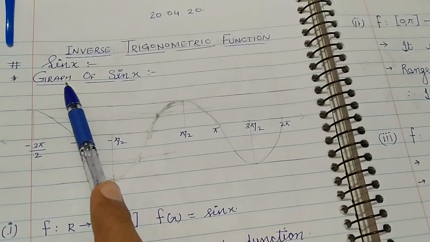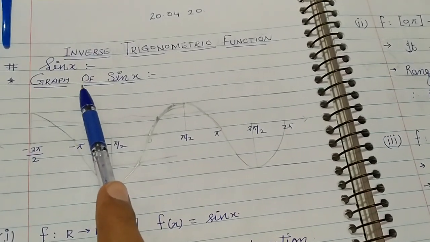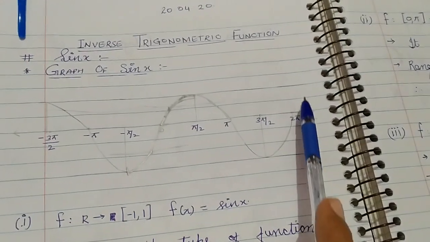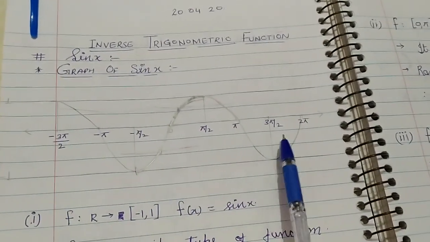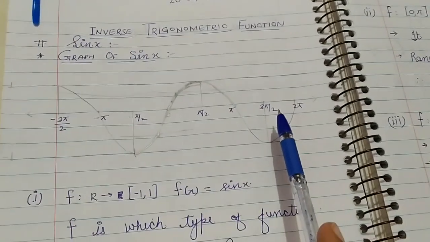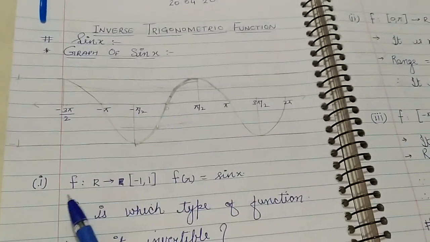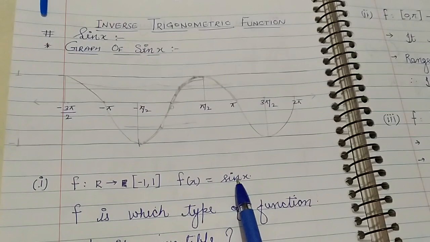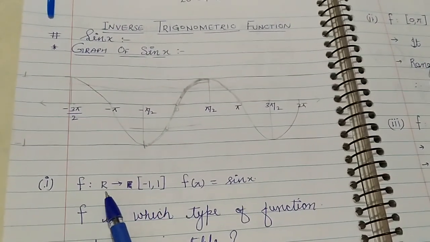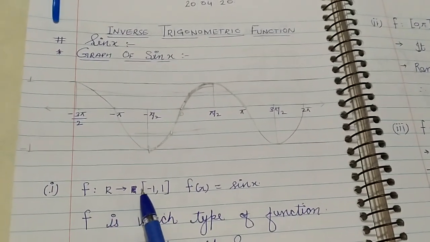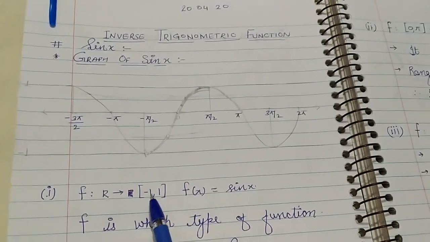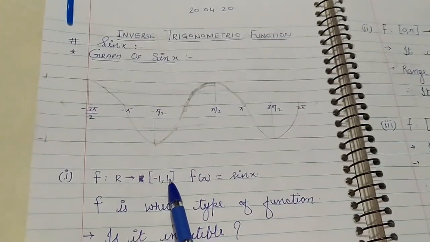So, first we must know the curve of sin x. Here is the curve of sin x. Now, the first case is, suppose our function, sin x, is defined from the set of real numbers to the set starting from -1 to +1.